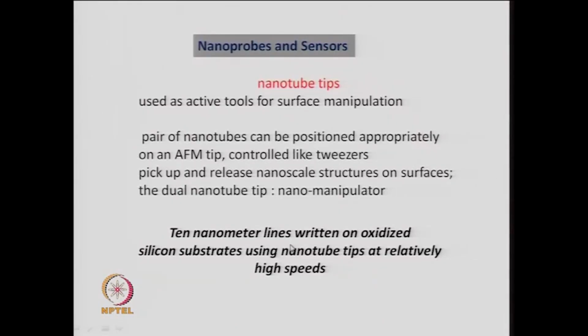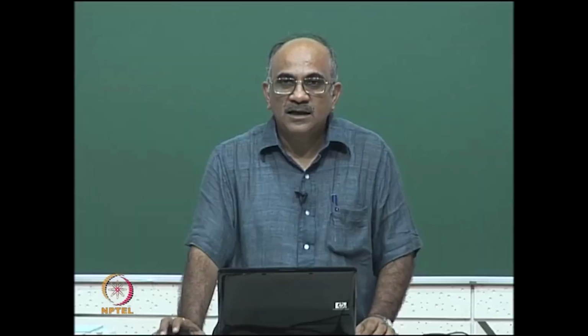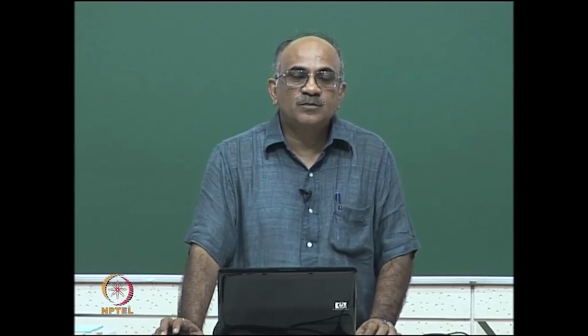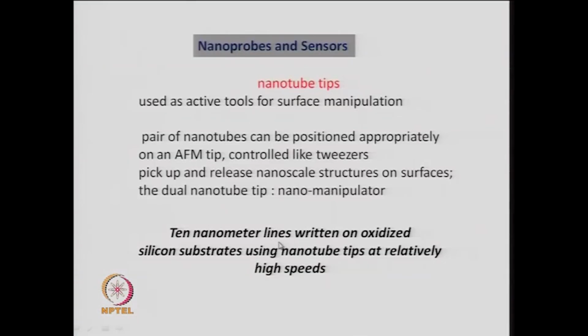These lines will be required, suppose you have to make a circuit with some particular design and you want to make a very small chip, then you need to draw very fine lines which can act as contacts, through which the current can pass. So, 10 nanometer lines is one of the smallest dimensions that you can make and has been already shown using carbon nanotube tips.